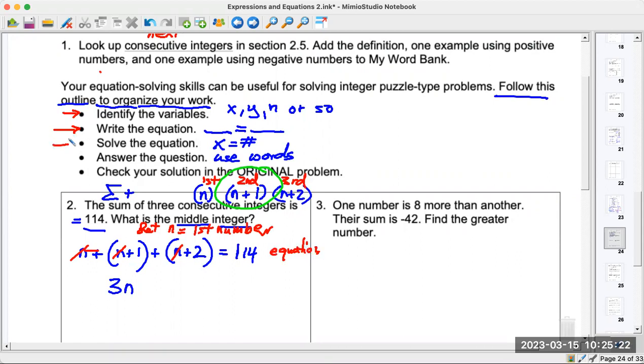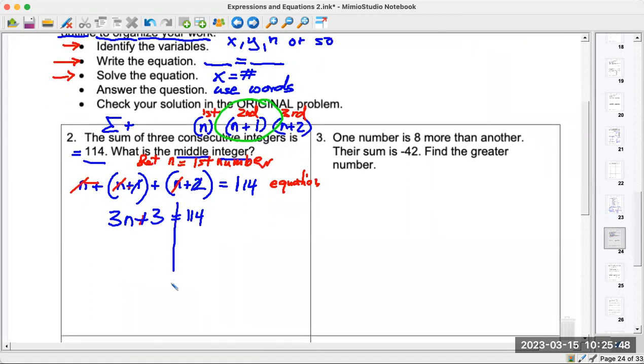Now we're going to solve it. So let n be the first number. Write an equation, solve it. And so we have +1 + 2 is +3. Got that one, and that one equals 114.